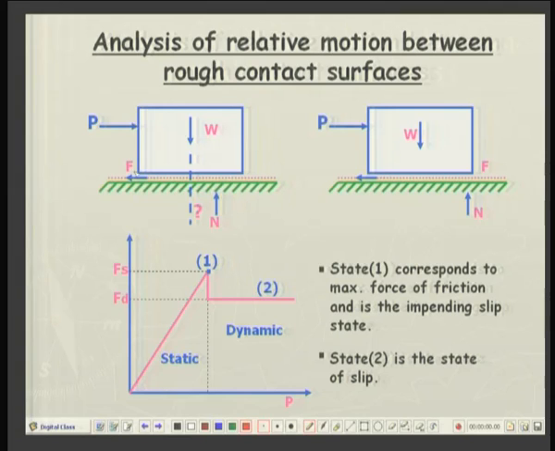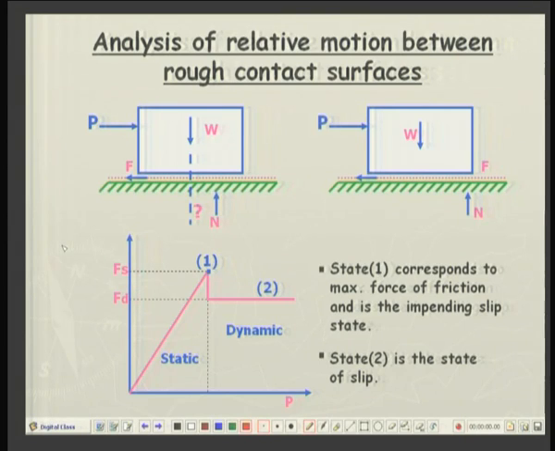This force F is the force of friction. Now, look here, P is equal to F for equilibrium, but the lines of action of P and F are different. So, they produce a couple. This couple will be a clockwise couple.